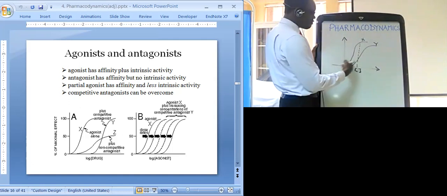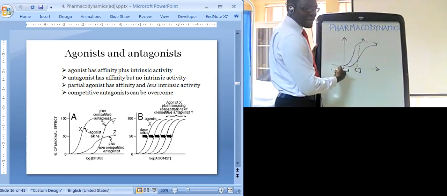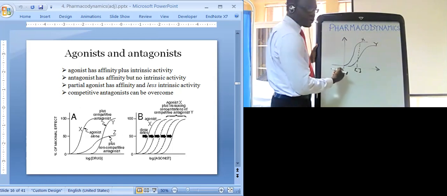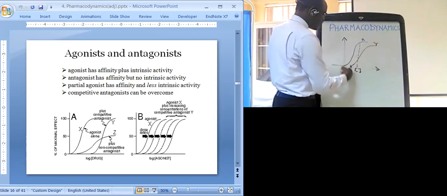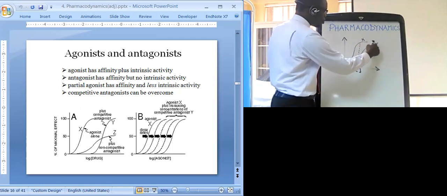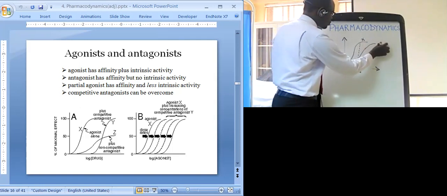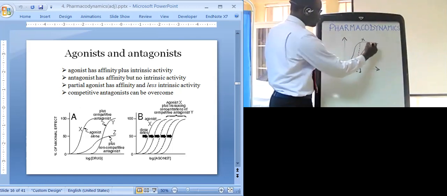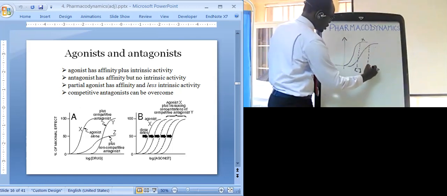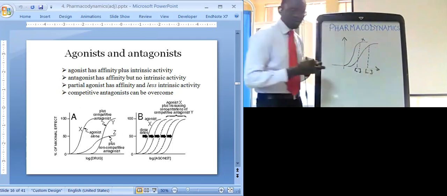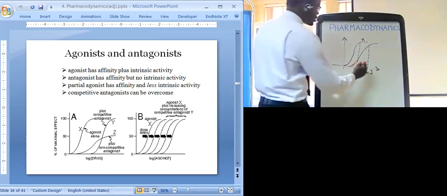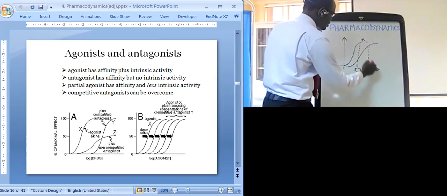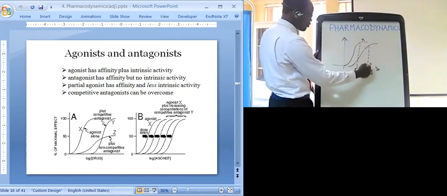But if we give an antagonist, and in that case a competitive antagonist, we see that for us to see a maximum response of this drug here, you need to increase the dosage a little bit, as you can see from this diagram, according to the maximum response rate.